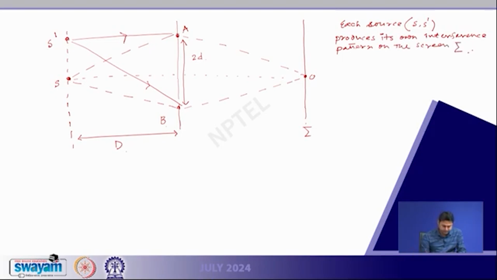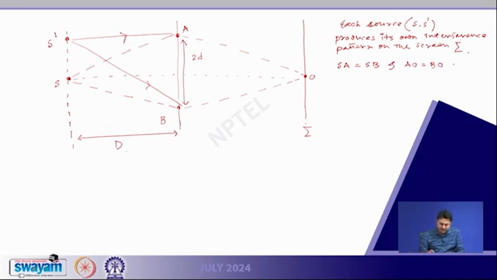Gamma, this sigma. So now SA, we know that SA is equal to SB, and AO is equal to BO.